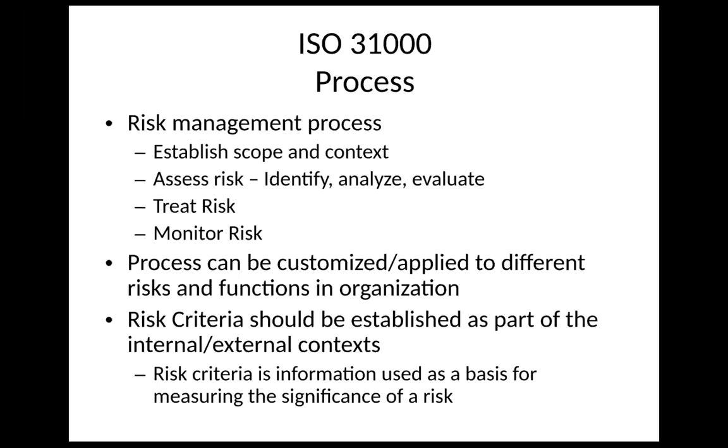When we talk about risk criteria, what we're really talking about is the information used as a basis for measuring the significance of a risk, right? So think about criteria of when you might sell stock, for example, or when you might buy stock. There's some criteria that you're going to be using of some different elements that are going on, and it might not just be the share price. It could be some other elements going on in the industry that might be some criteria.